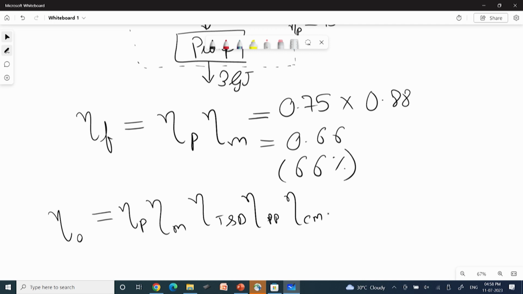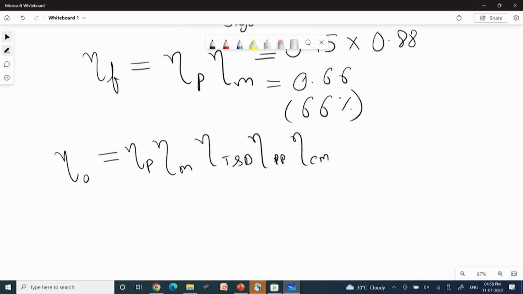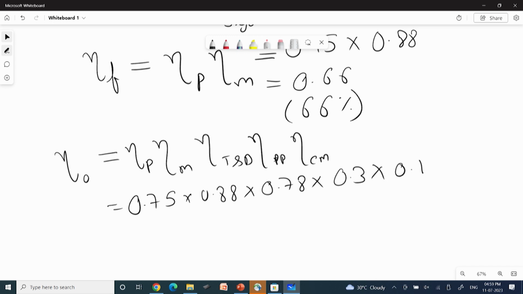If I multiply all these factors, they would be 0.75 into 0.88, 0.78, then the next factor around 0.3 for the power plant and then 0.9.